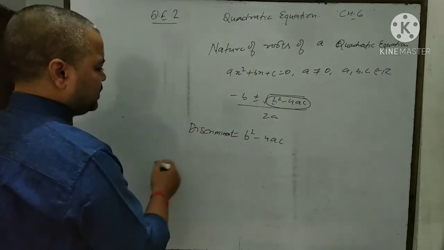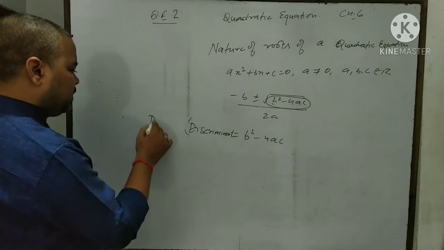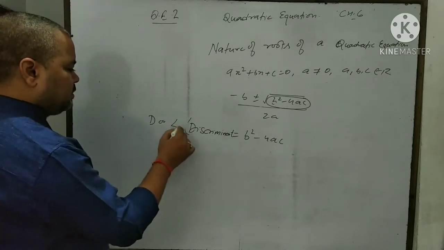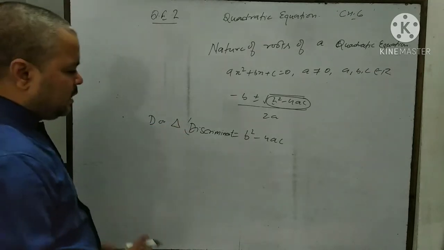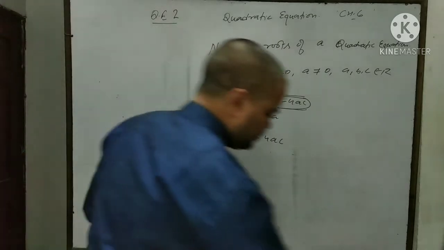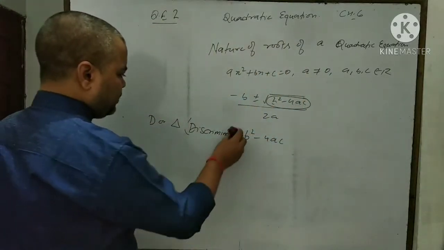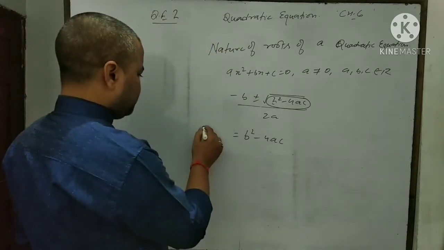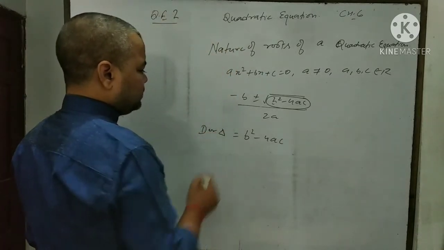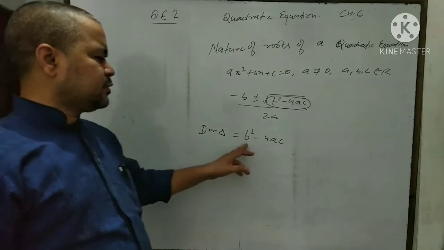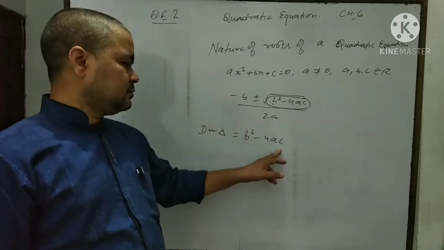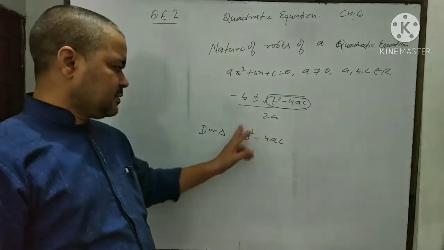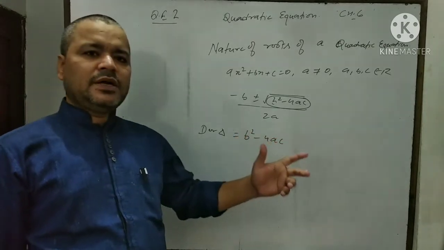It is represented by delta. Simply, for discriminant we can write delta. The value of b square minus 4ac gives the different nature of the roots.